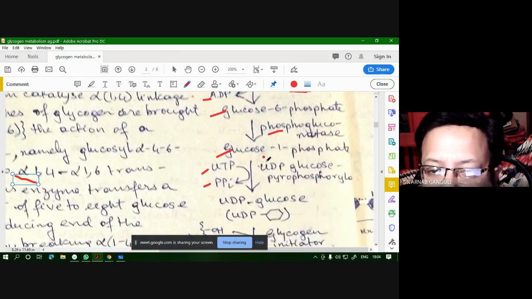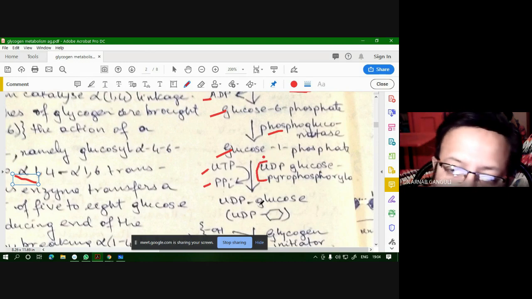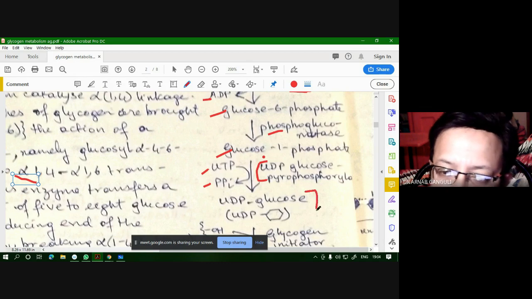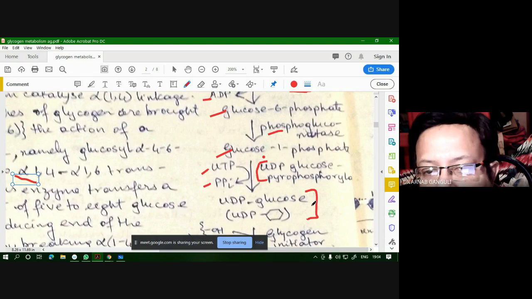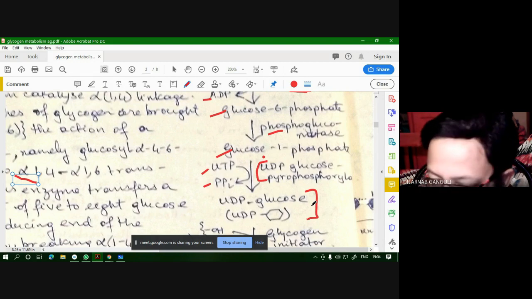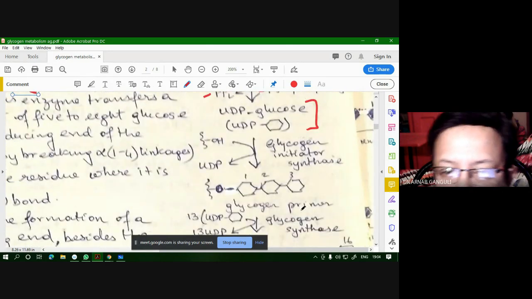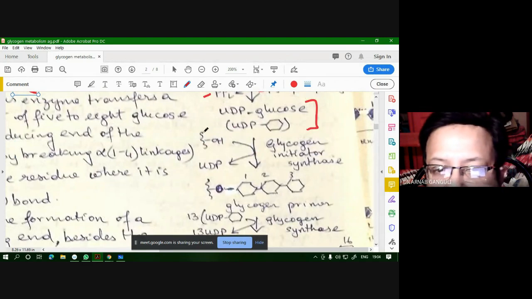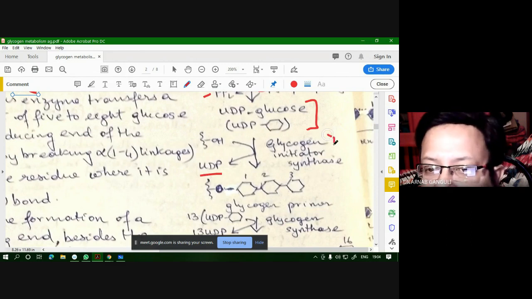The enzyme is UDP glucose pyrophosphorylase, and you make UDP glucose. Then this UDP is removed. This is done by another enzyme, glycogen initiator synthase.